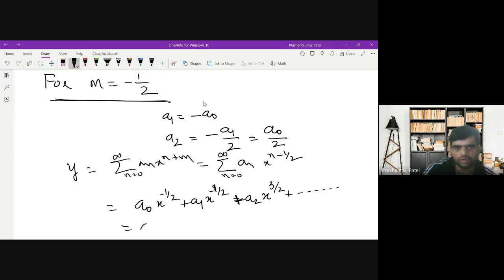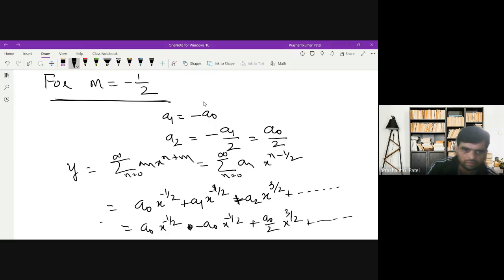So a0 is as it is, x raised to minus 1 by 2. The value of a1 we have got minus a0, so that is minus a0 x raised to 1 by 2. a2 we got, the value is a0 by 2, so it is plus a0 by 2 x raised to 3 by 2 and so on.